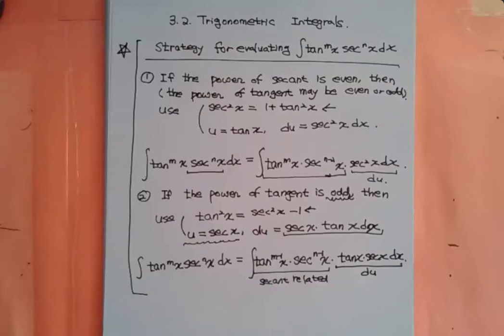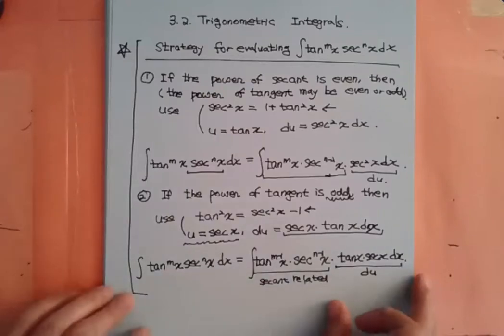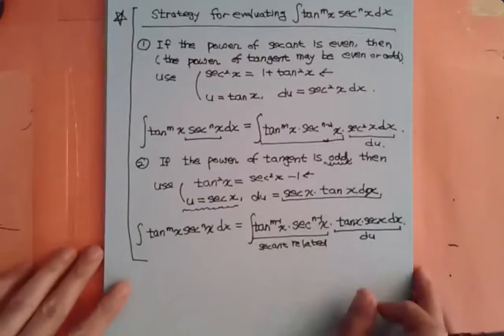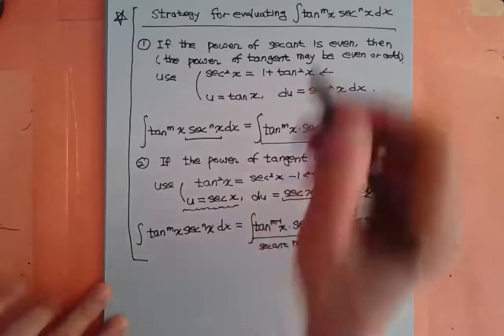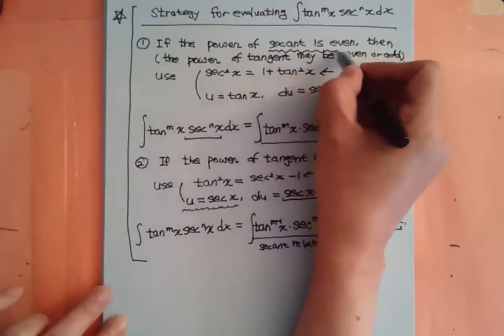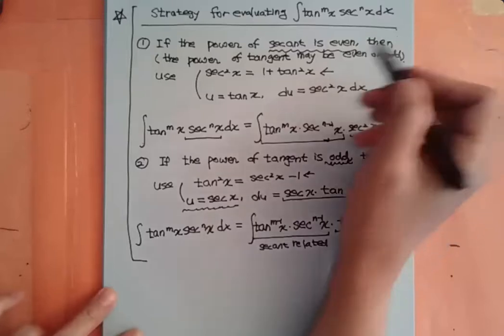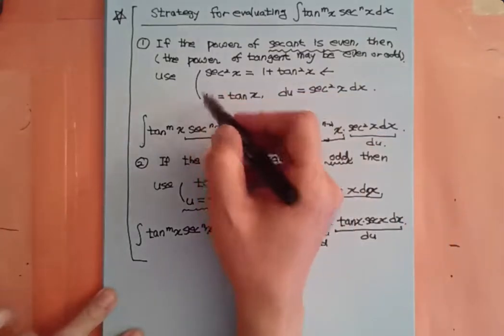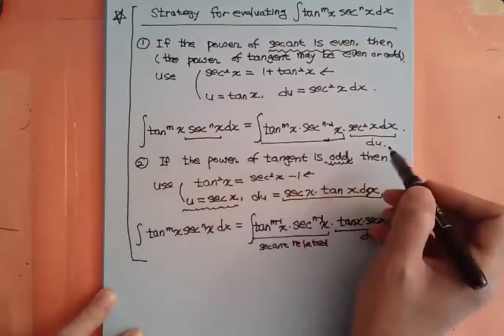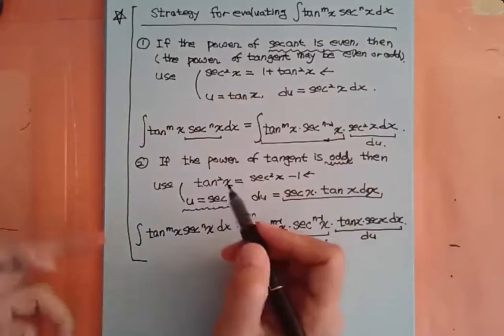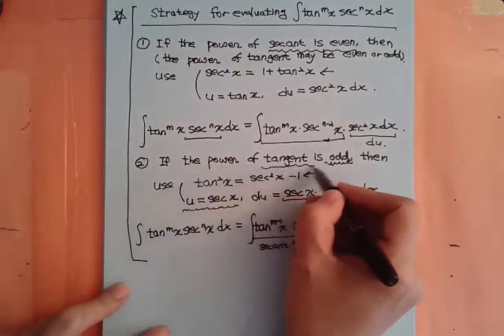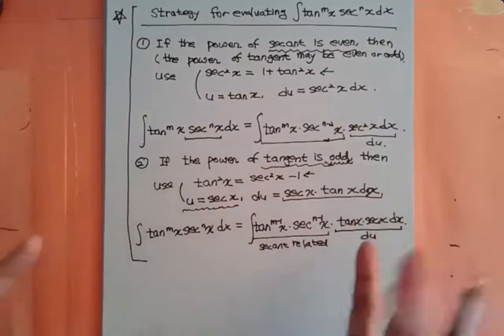Otherwise, there is no way to make progress with the problem, because you cannot start the problem. So clearly remember, if secant is even, then you will use this formula, and then you will see what you have to do. And if the power of tangent is odd, then you will use this strategy.